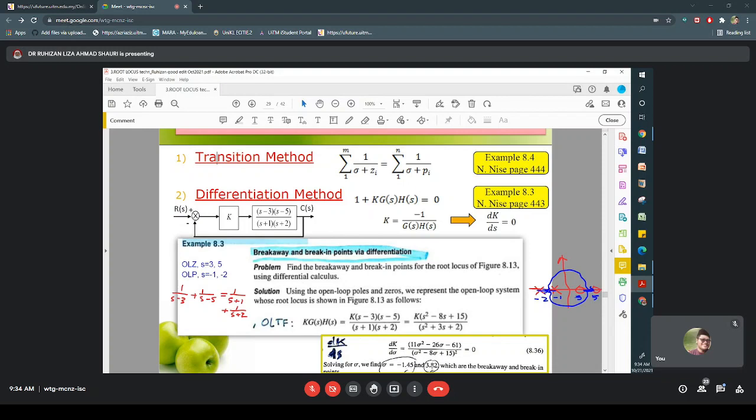Another is 3.82. Now which one is break-in, which one is breakaway, you know already, because you know the points of the poles and the zeros. It's clear that minus 1.45 is for this one. Can you see my cursor? It is the breakaway point because it is between minus 1 and minus 2. Do you get what I mean?